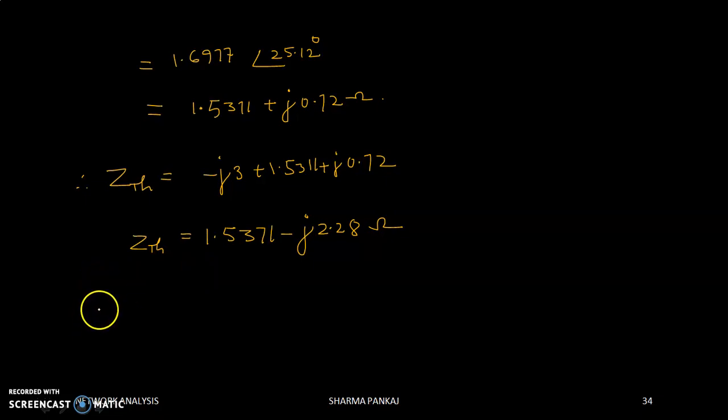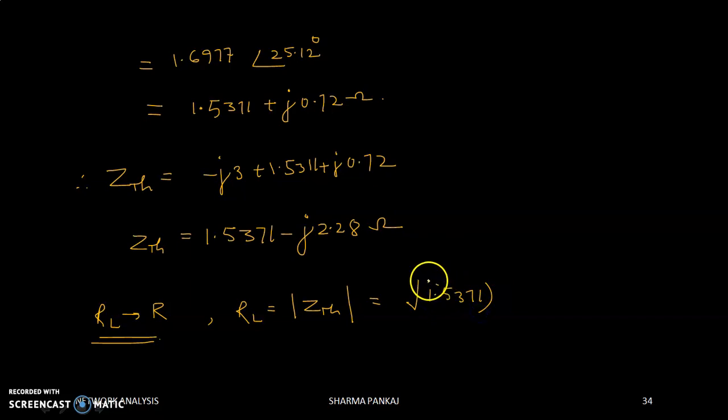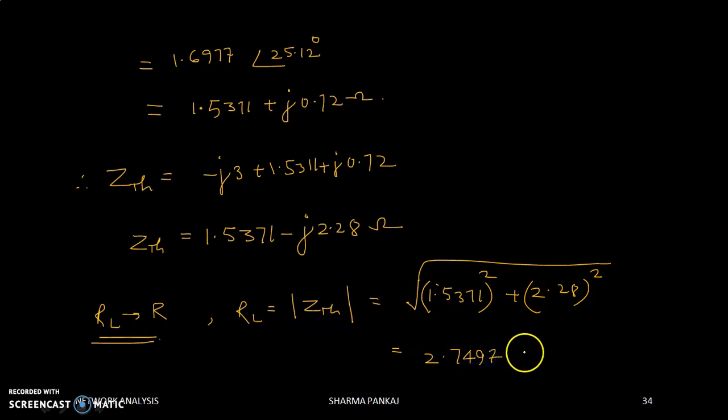Now, as the load is purely resistive, from the maximum power transfer theorem, RL is equal to the magnitude of ZTH, that is equal to root under 1.5371 whole square plus 2.28 whole square, which is equal to 2.7497 ohm.